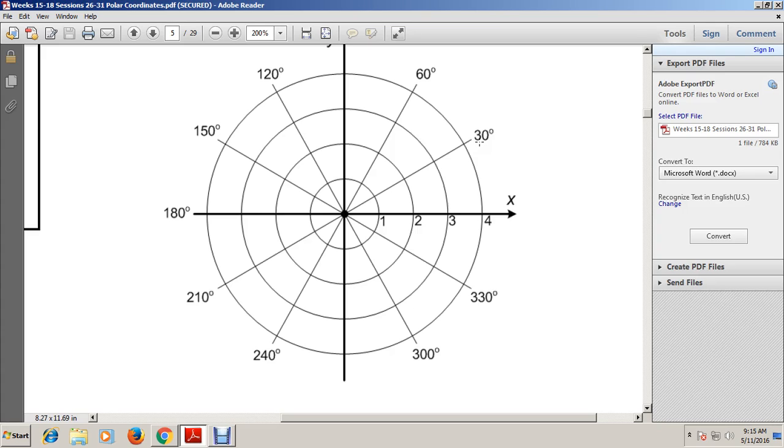The degree measure of 1 radian, meaning the ratio of the radius of the circle to the arc length where the two are equal, is defined as 1 radian, and in degrees, 1 radian is equal to about 57.29578 degrees.